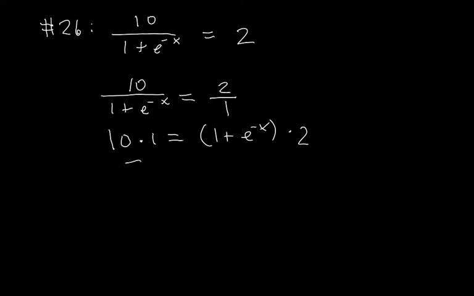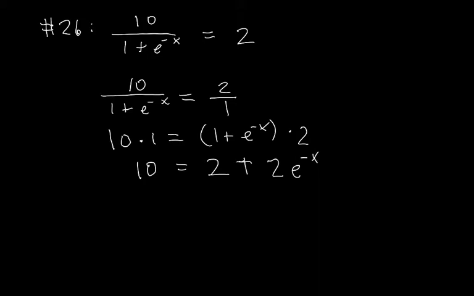Now we can simplify and we get, whoops, not 20. That's not what 10 times 1 is. 10 times 1 is 10. And remember, we can do the distributive property. So 1 times 2 is 2, and e to the negative x times 2 is 2e to the negative x.